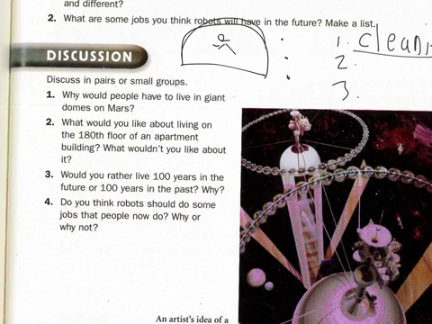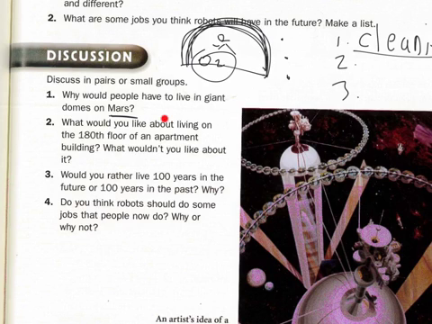Okay. So they're in a dome. What's trapped inside the dome? Oxygen. Air. Mars does not have the right atmosphere or air for people to breathe in. So there would have to be a dome of air. Dome.